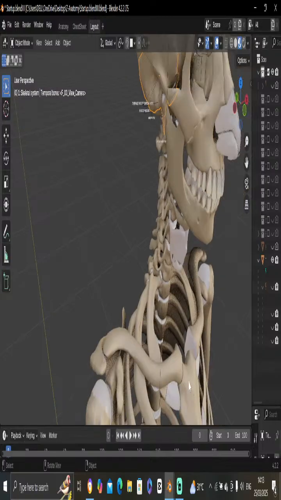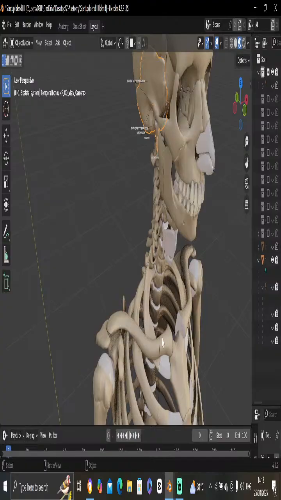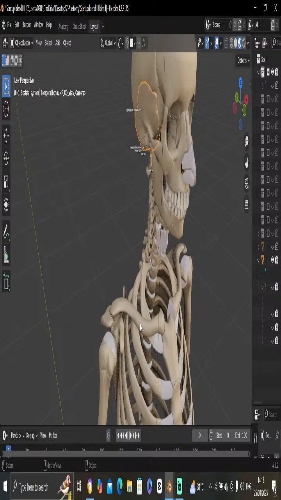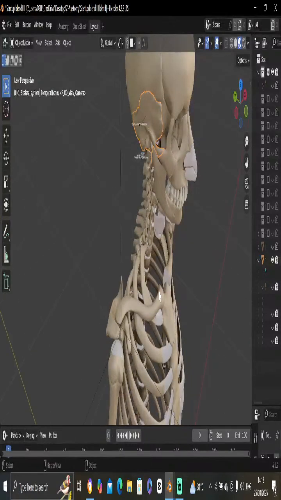Hence, it is known as the sternocleidomastoid muscle. That is from the sternum, from the clavicle, then to the mastoid process. So the upper surface, the superior surface on the medial aspect, gives attachment points to the sternocleidomastoid muscle.